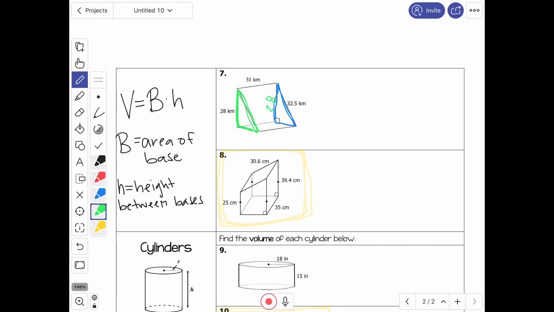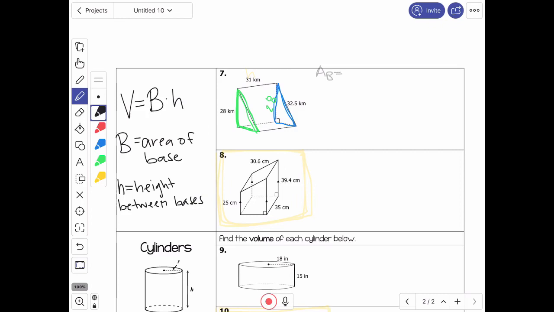Okay, and then I know the slanted side is 32.5 on both of these. And then this 31 kilometers, that's going to be the distance between my two bases, or the height between the bases. So I'm already going to mark that as my H.